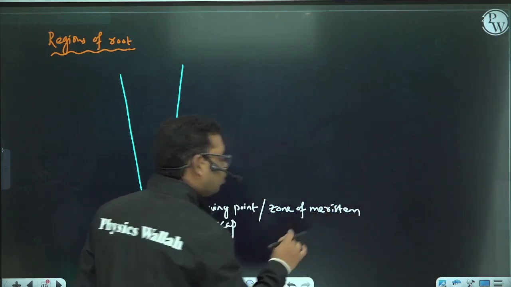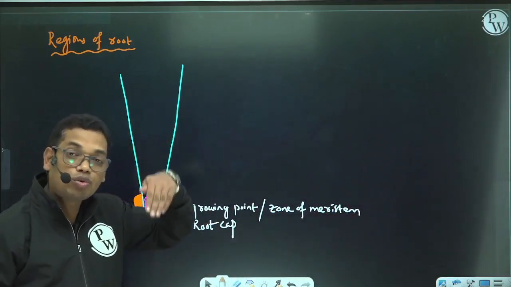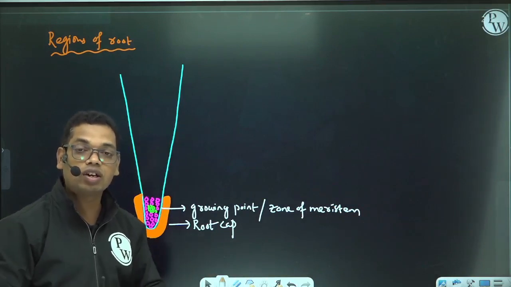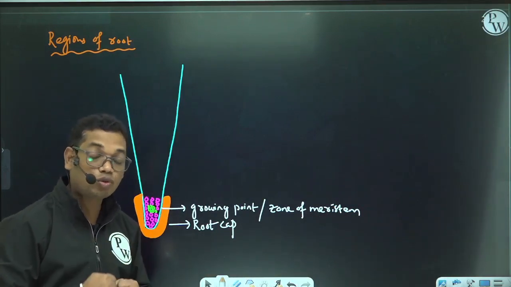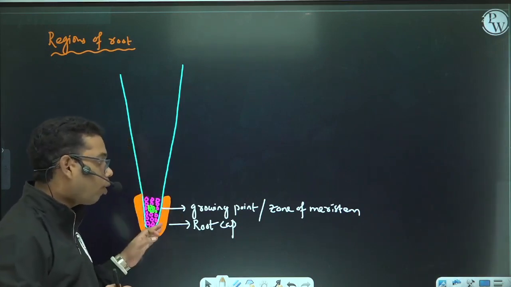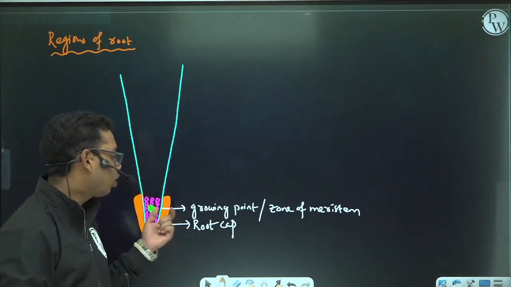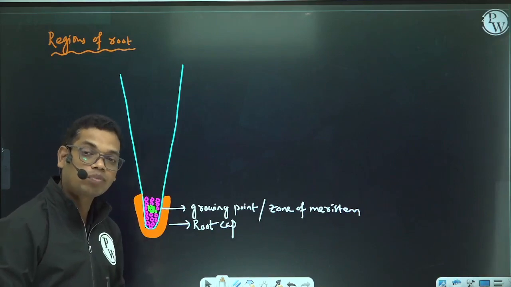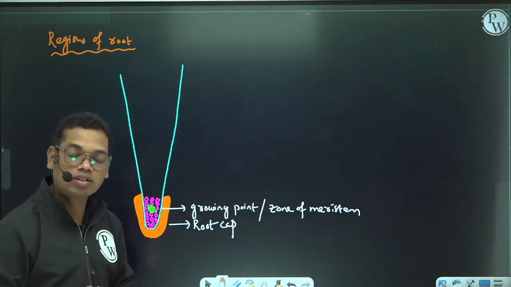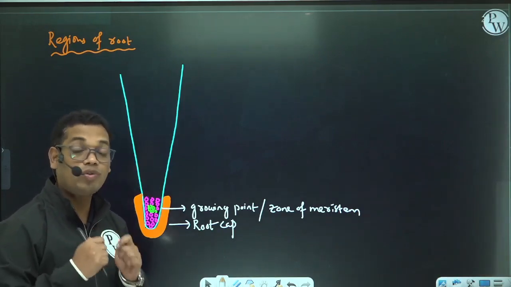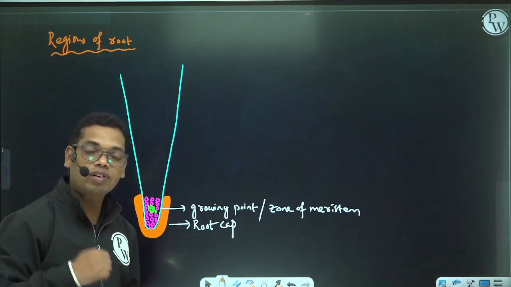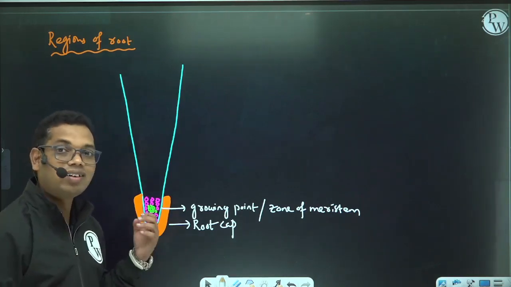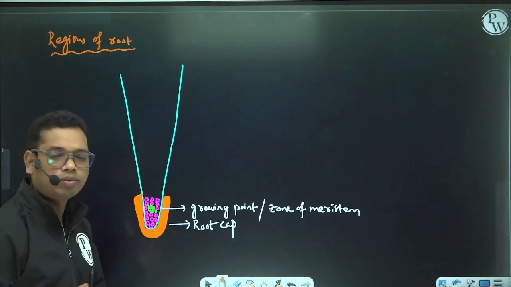When the root penetrates through the soil, it will face friction, and to protect the growing point from the friction, the root cap will be there. This root cap secretes some mucilage compounds, which act as lubricating substances, and they will reduce the friction, and that will reduce the damage to the growing point.